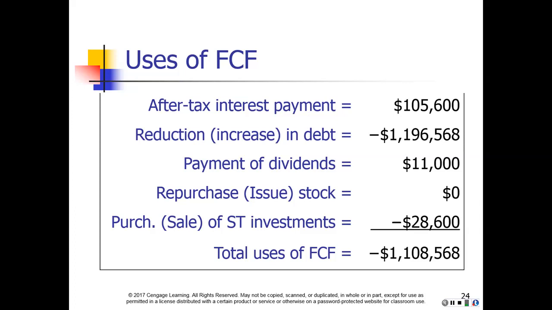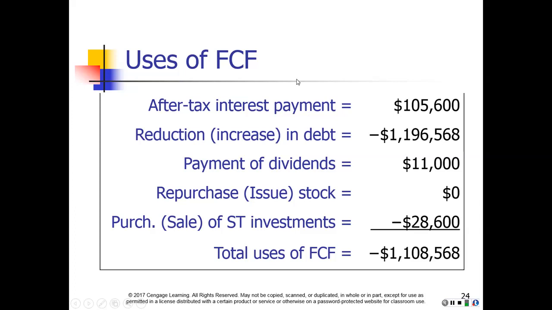If you multiply it by 1 minus 0.4, which is 0.6, you get 105,600. So that's the after-tax interest payment, which we pay out of the free cash flows.